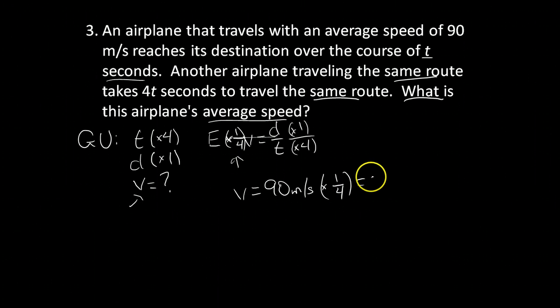So 90 times 1/4 gives us 22.5 meters per second for the new velocity. So if it takes 4 times as long to go the same distance, it's going to have to go 4 times as fast, which again intuitively kind of makes sense there.